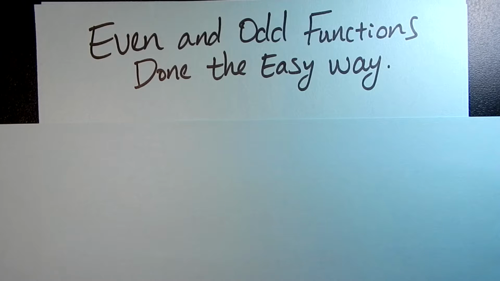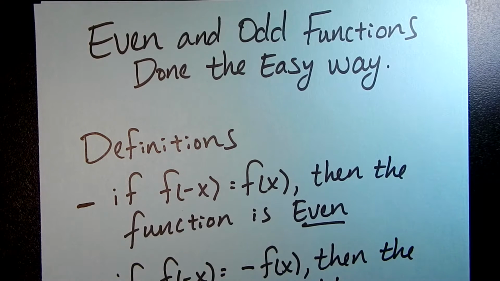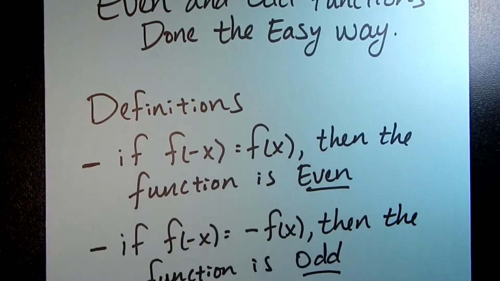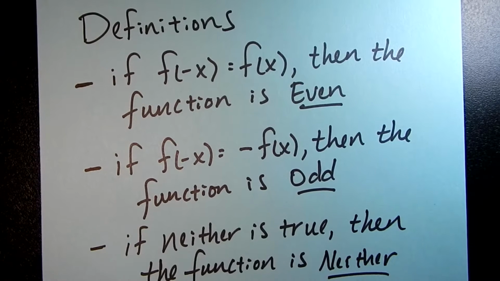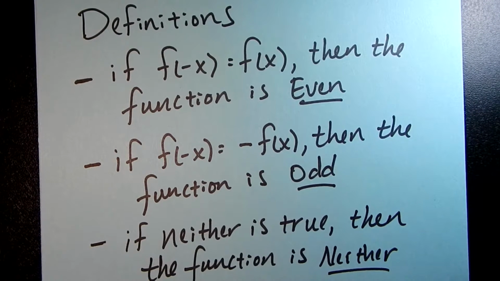So the way to understand even versus odd functions starts with some definitions. So let's talk about those. Now the definitions are easy enough to understand, but they are a little bit cumbersome if you're not used to the notation.